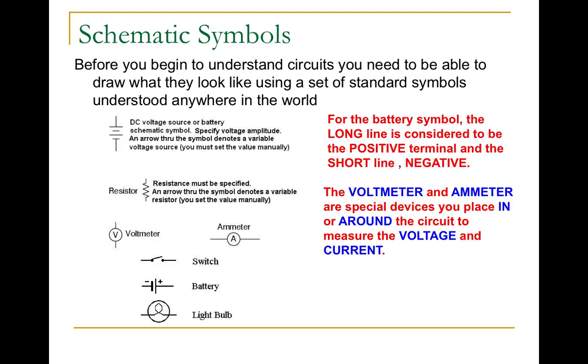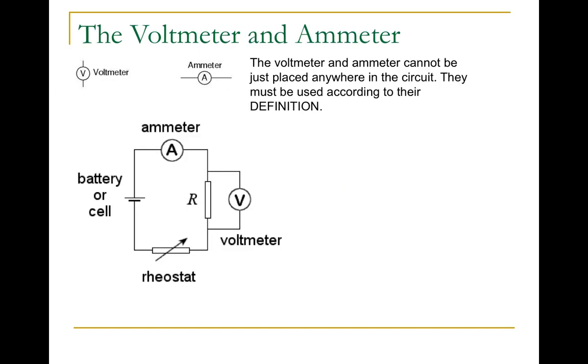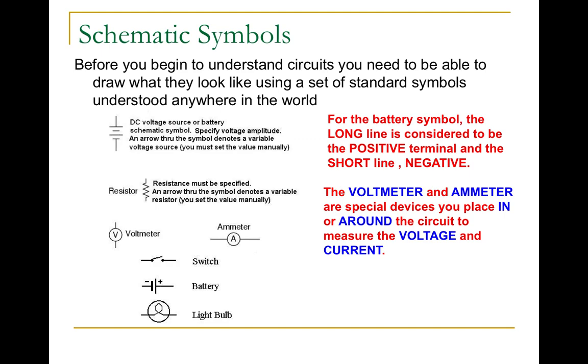Things to know about some of these devices, particularly the voltmeter and the ammeter. These are special devices that you place in or around your circuit to measure voltage and current. We did talk about how ammeters need to be connected in series, so right in line, so all of the current flows through it to measure the current. Voltmeters are connected in parallel.